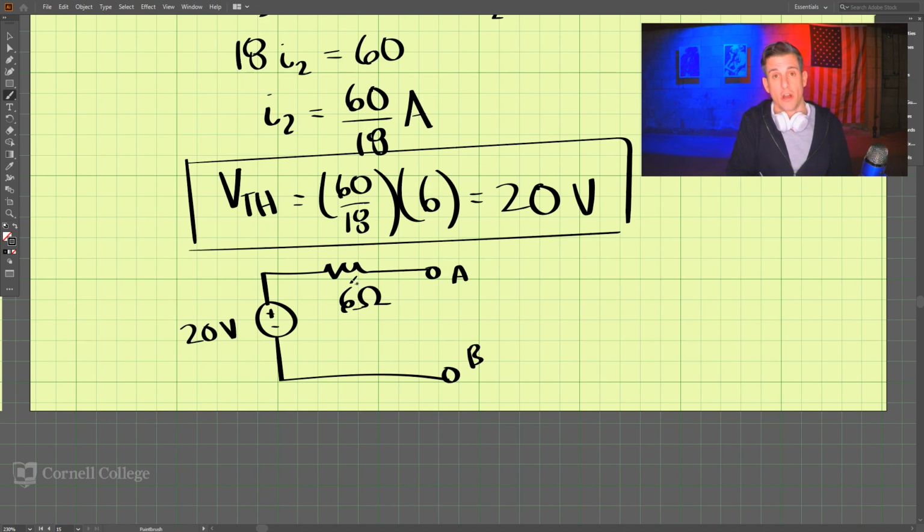So this is our Thevenin resistance, and this is our Thevenin voltage. And that was a long problem, but that is how you solve a Thevenin theorem problem that has dependent sources.